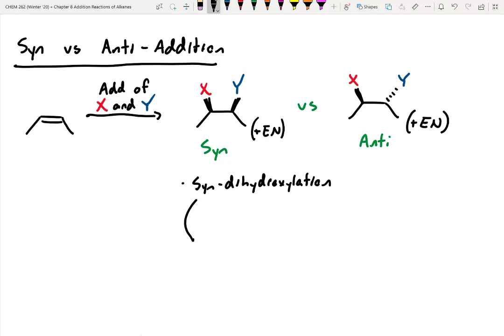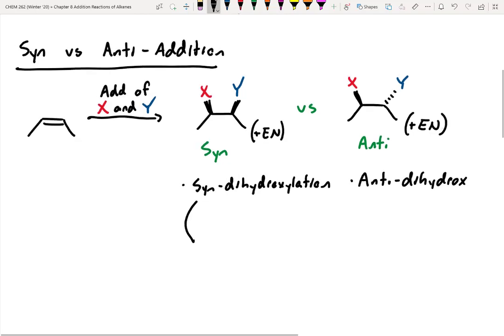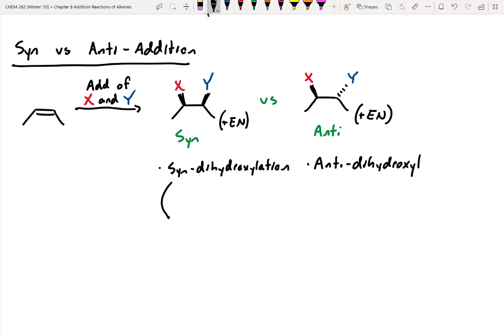So the MCPBA actually did the anti-diol. So let's actually write that down here. So you said MCPBA followed by some sort of acid and water, which I'll just call H3O+.